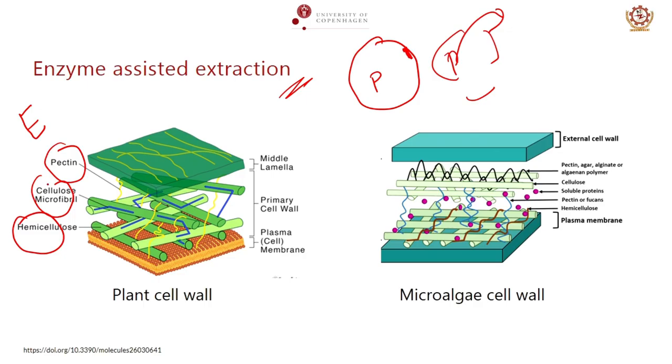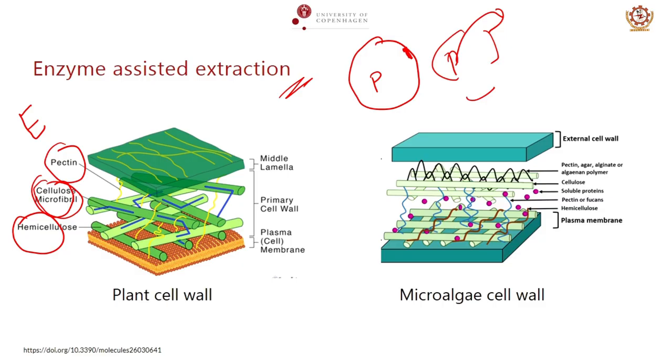Now tell me, which enzyme will you use to hydrolyze cellulose? Cellulases. That's something you studied in biochemistry. The "-ases" are enzymes, right? Hemicellulose is a carbohydrate. Which enzyme will you use to hydrolyze it? Hemicellulase. Pectin is a carbohydrate. Pectinase.